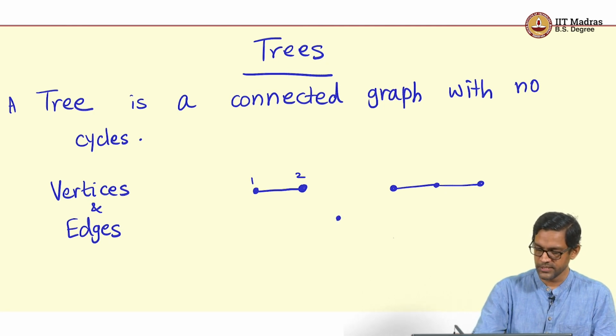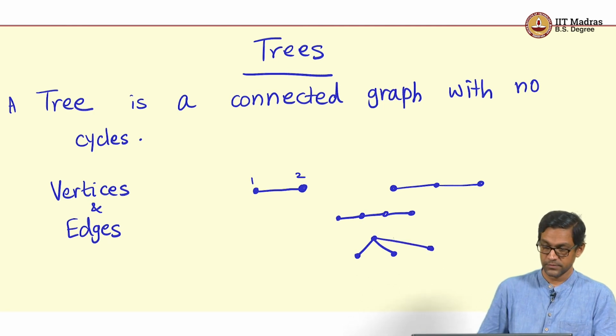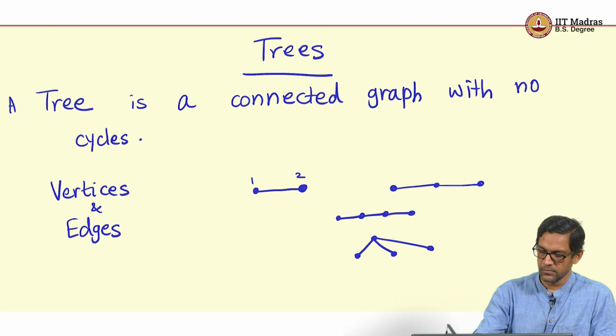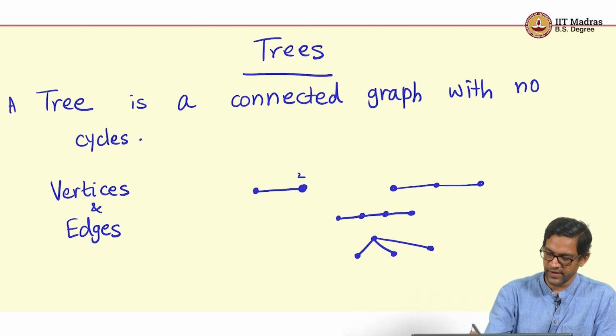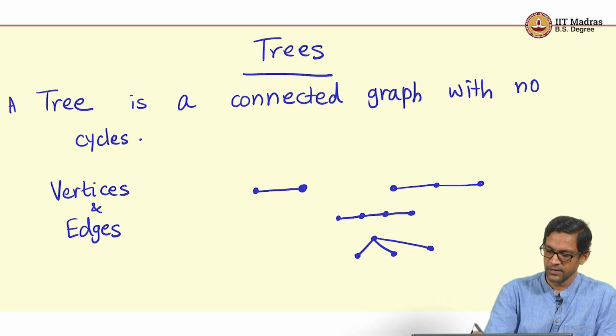And on 4 vertices you have this path, then there is this tree here. And observe, in all cases, here's an interesting observation, that the total number of edges, so if you count how many edges each of these trees has, if there are 2 vertices, then there is only one edge.